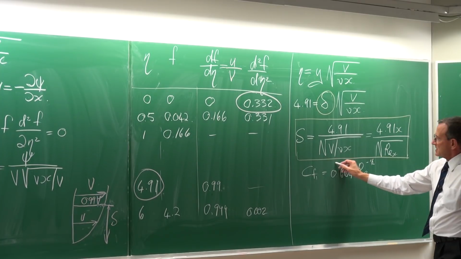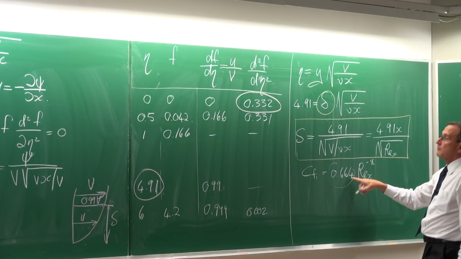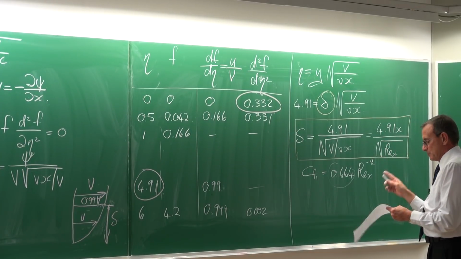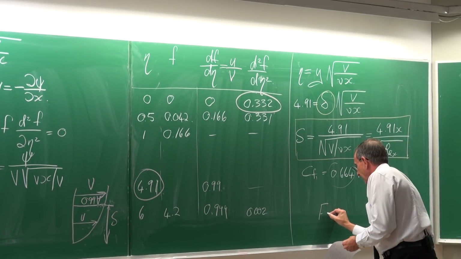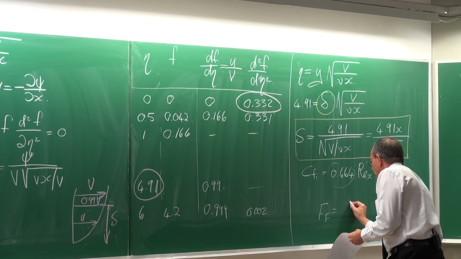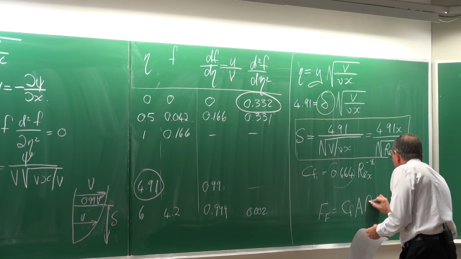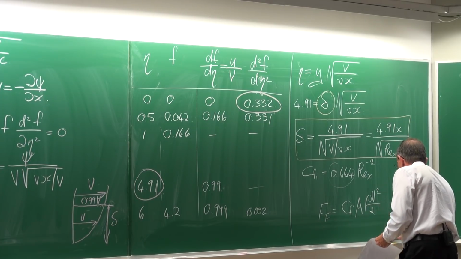Now you would look at this and say, but okay, this is 0.664, it is not 0.332. Well, it comes from the fact that the drag force is equal to CF multiplied by the area, rho v squared divided by 2.